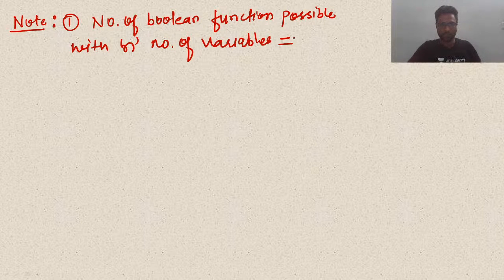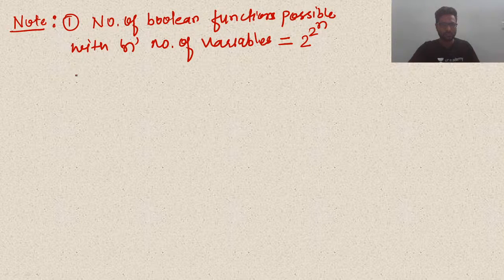The number of Boolean functions possible with n number of variables. Okay, so we can say that the answer will be 2 raised to power 2 raised to power n.